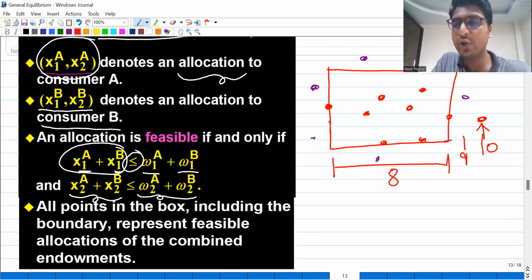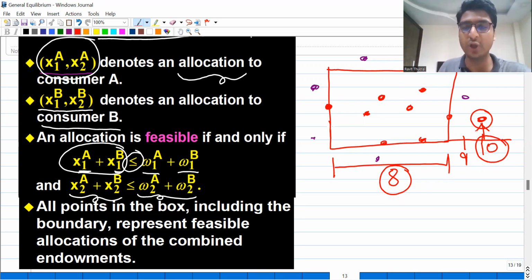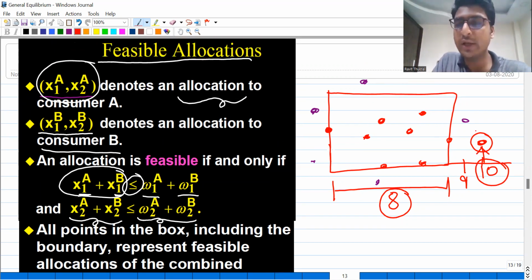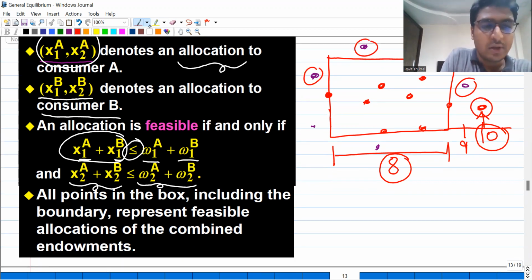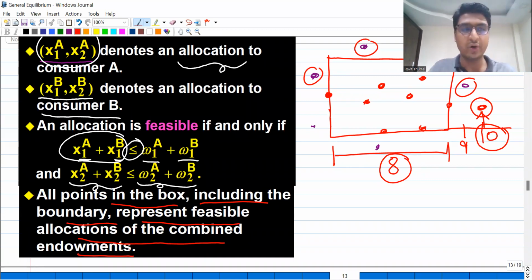So 9, 10, so you are moving outside the box. So this point is not feasible because total 8 units available हैं. You are trying to consume 10 units, so this is not feasible. Similarly, you can comment about other points as well. So all points in the box, including the boundary, represent the feasible allocations of the combined endowments. Okay.